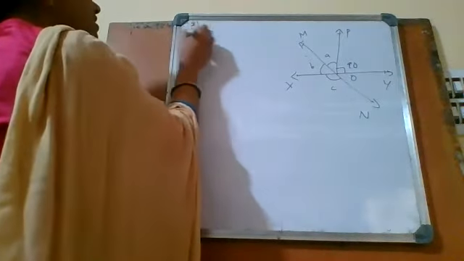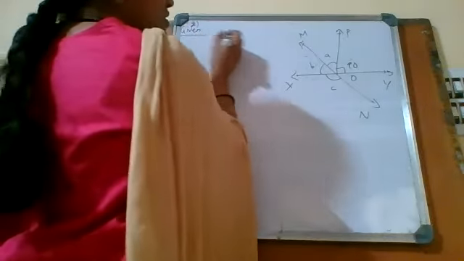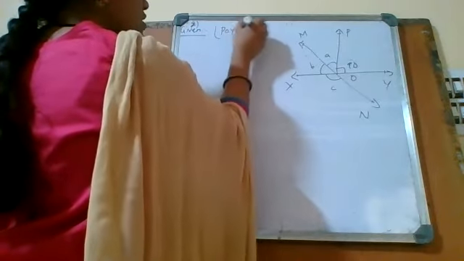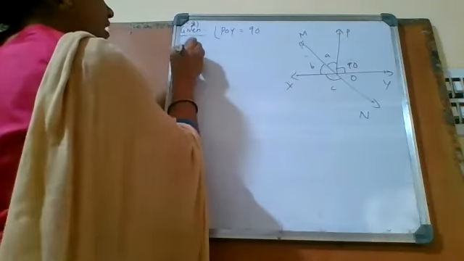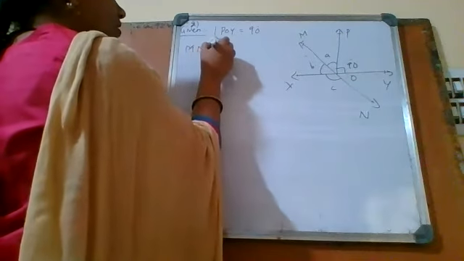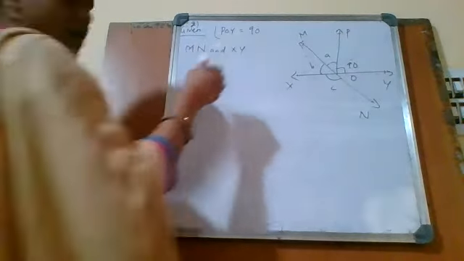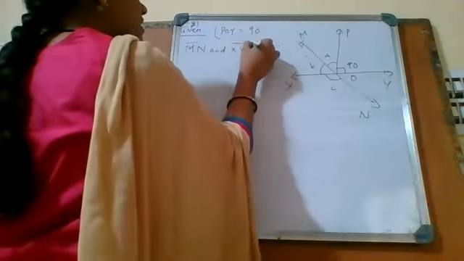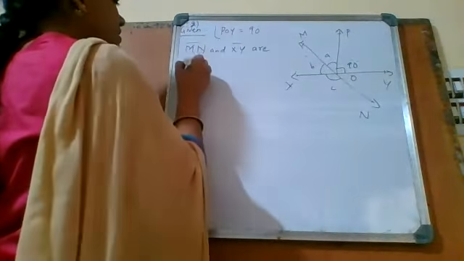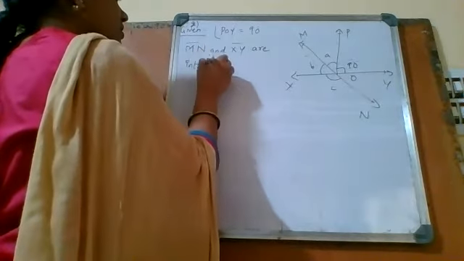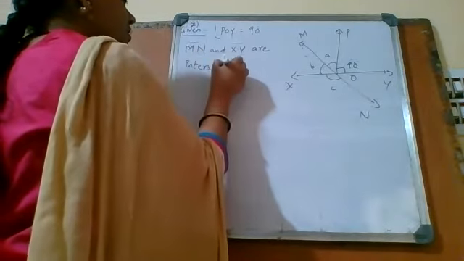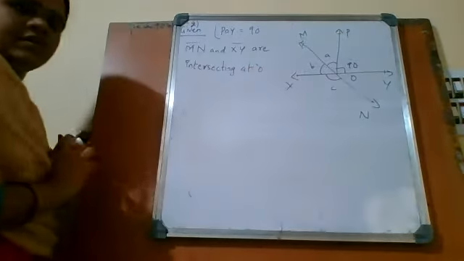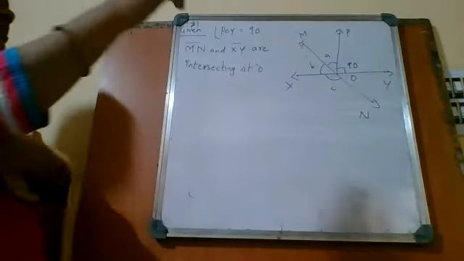Question number 2. What is given? Given angle POY is equal to 90 degrees, and MN and XY are intersecting at O. This angle is equal to 90 degrees.